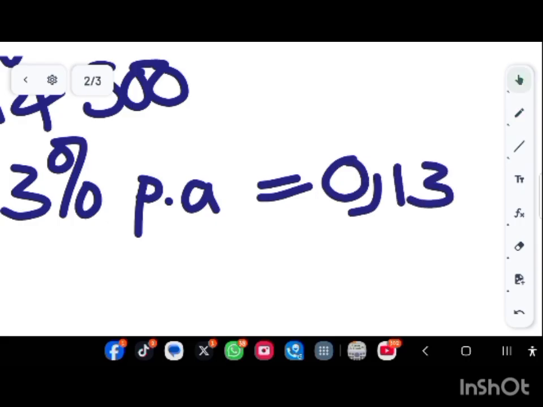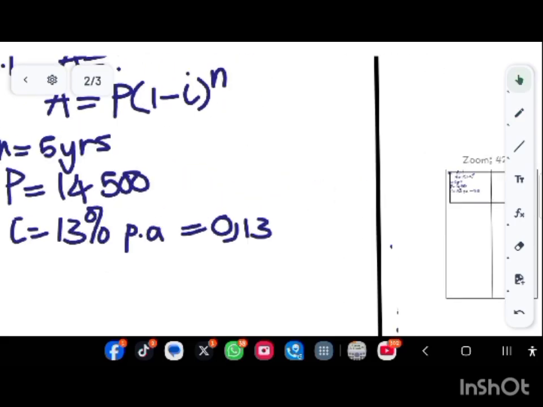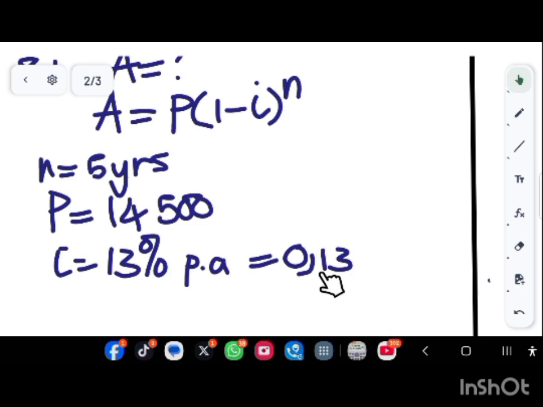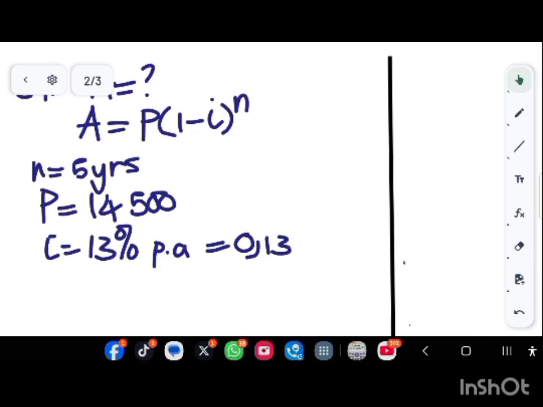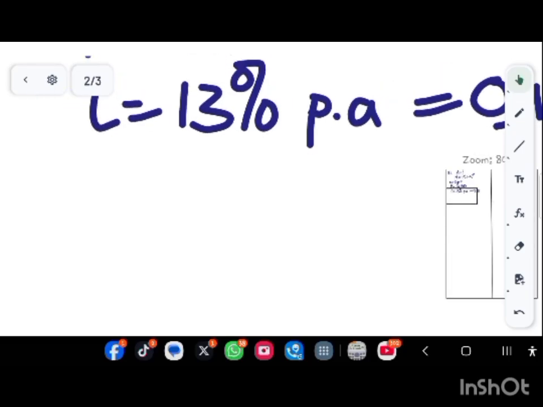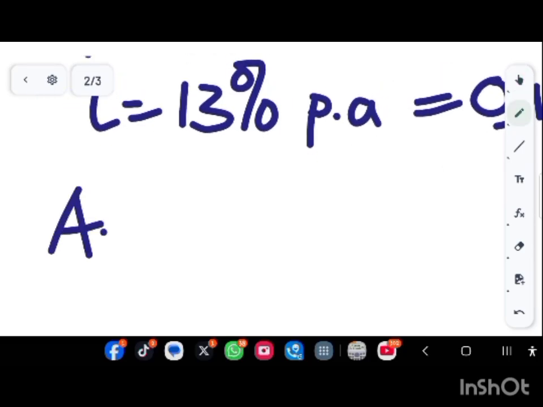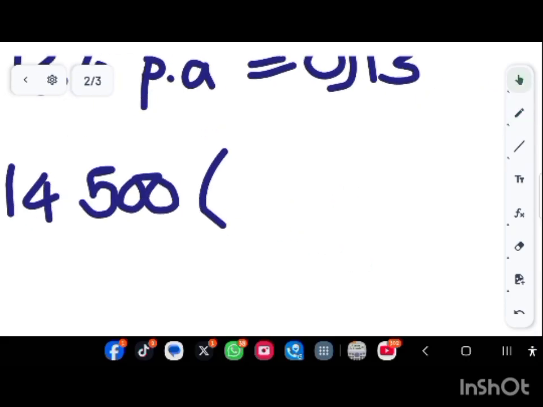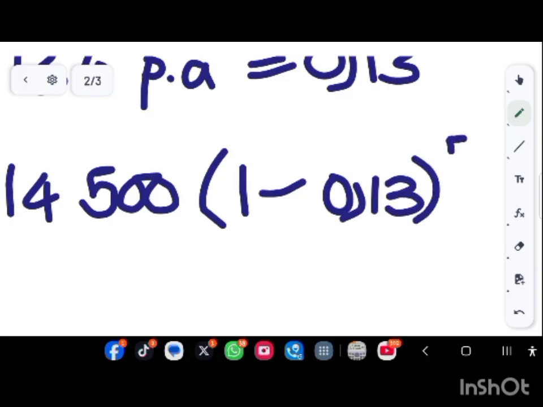Always make sure that you write your interest rates in decimal format whenever needed. Now let's find the final amount. A equals 14,500 in bracket 1 minus 0.13, all to the power of 5.